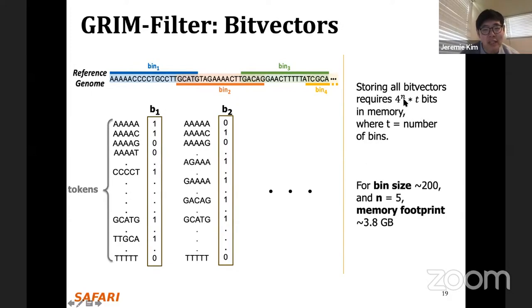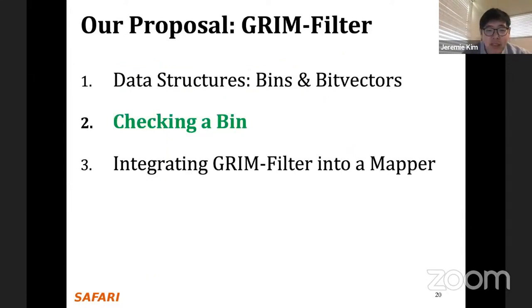So this equation is just t times 4 to the n, because there's 4 different nucleotides, and t would be the number of bins. And so for a bin size of around 200 and a token size of 5, the memory footprint is around 3.8 gigabytes, which is reasonable for modern memory sizes. So it can completely fit within these memory constraints.